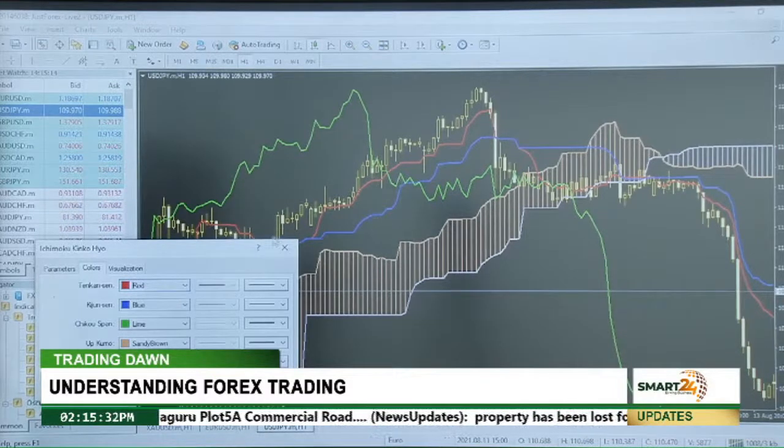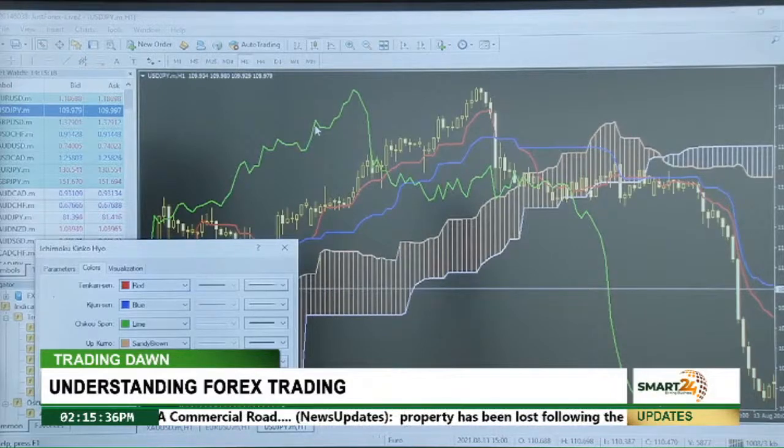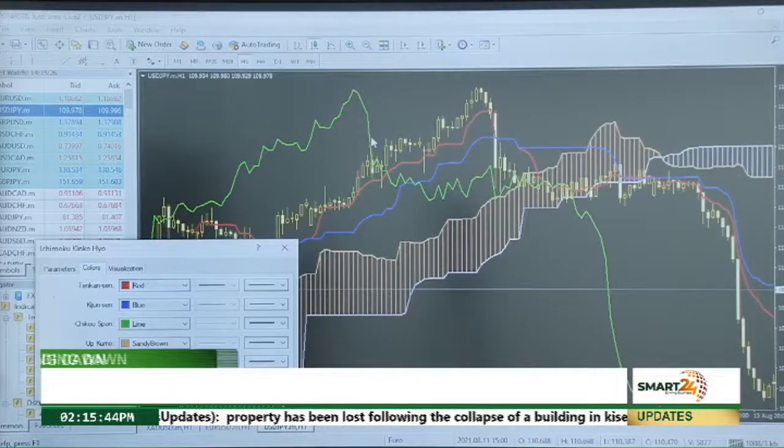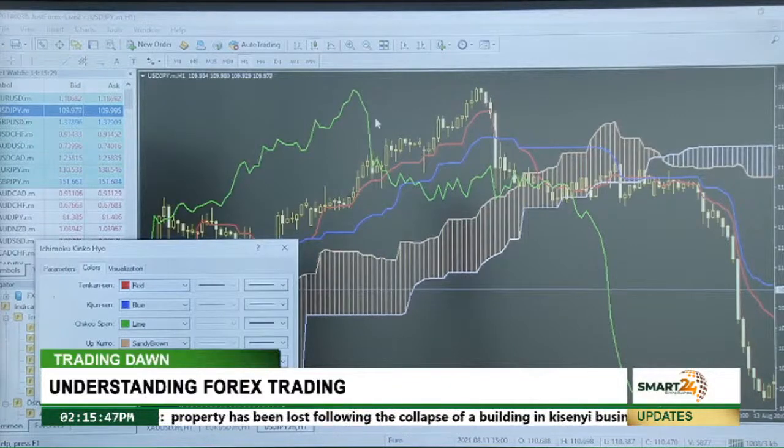When price is bullish, the Chikou Span is above the price, and that gives you the confidence that price is still bullish. But now the Chikou Span has gone below the price, and that's the first indicator that you're about to have a reversal using this Ichimoku Kinko Hyo.